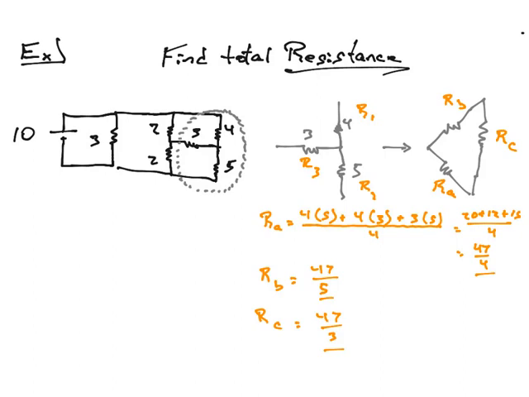I could have done the 2, and the 3, this left side over here. Or what I did was the 3, the 4, and the 5. I said, okay, that's a t connection. So I can convert that into a delta connection. Now, it might be that this is not helpful. I don't know if it's going to be helpful yet, especially if I don't have enough experience with working circuits and stuff like that.